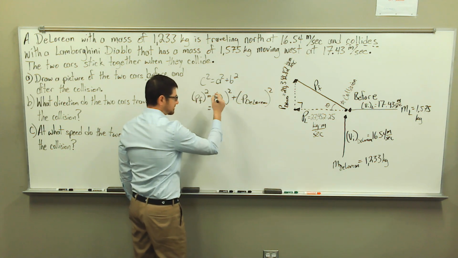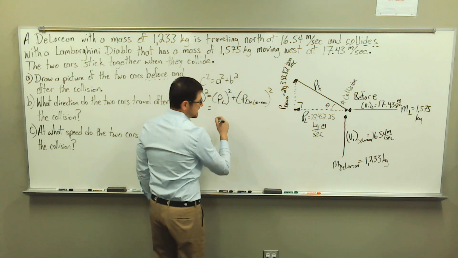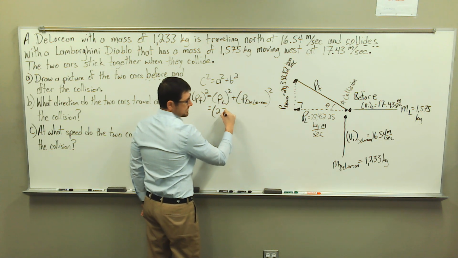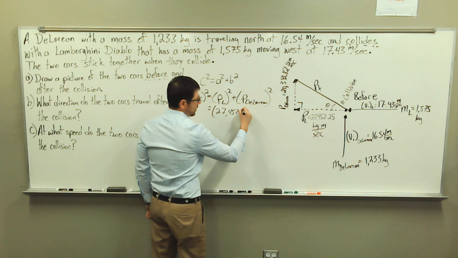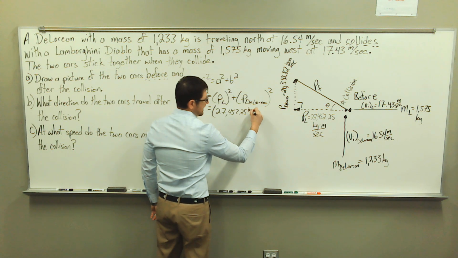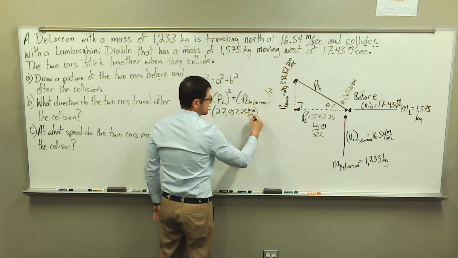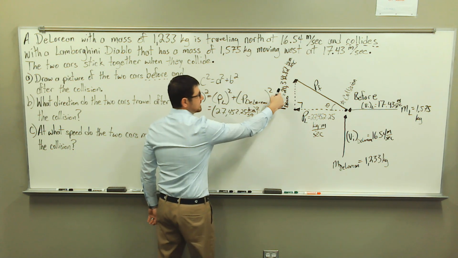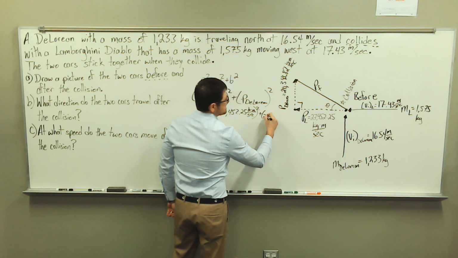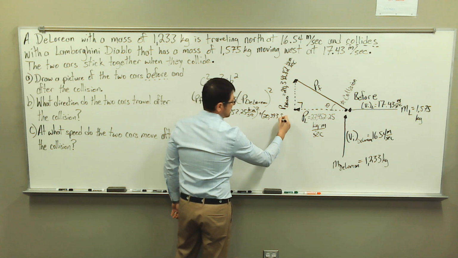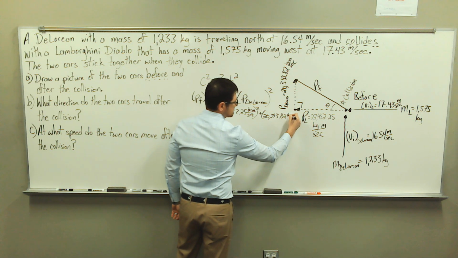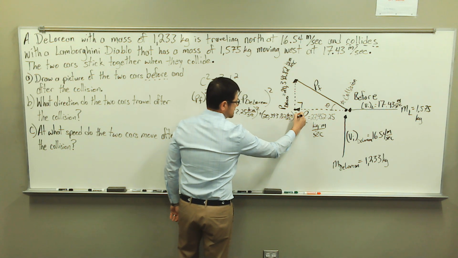Okay? Let's plug in some values. So I've got 27,452.25 kilogram meters per second squared plus 20,393.82 kilogram meters per second, and this guy is squared.